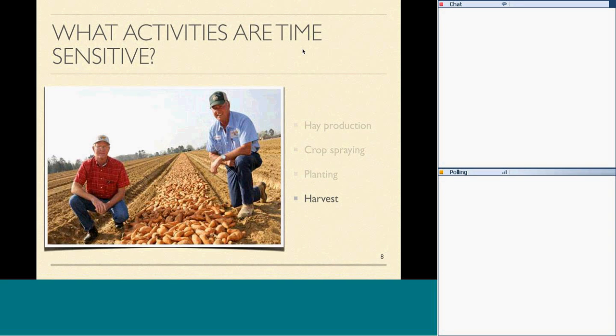So we're just trying to get you to think about what operations you do that are very time sensitive and why you might want to invest in equipment that you could rely on yourself instead of relying on somebody else to assist you. And lastly, harvest. Harvest is a time sensitive process as well. We want to have the optimal quality in our harvest, so it needs to be done at the correct time.